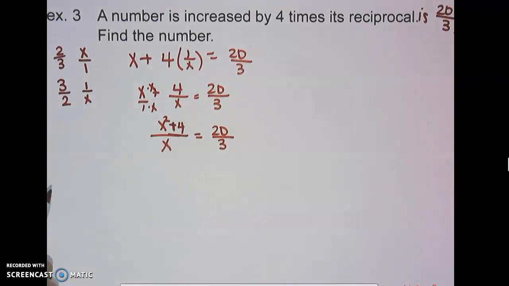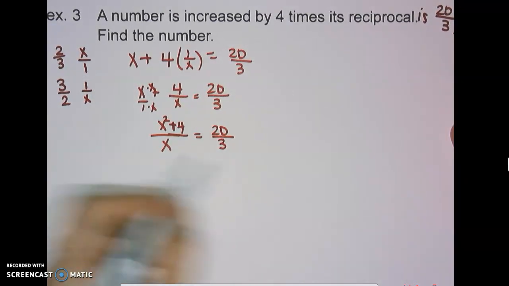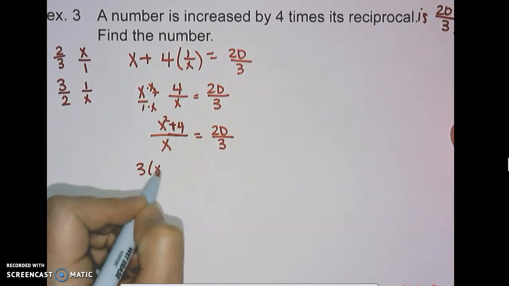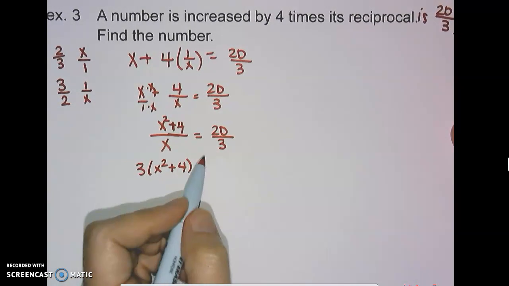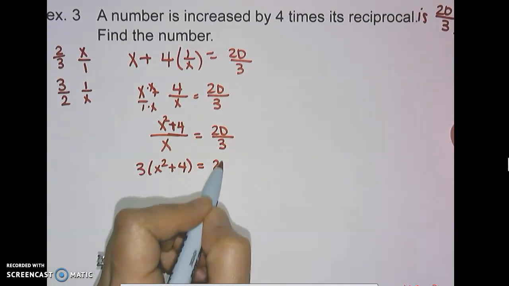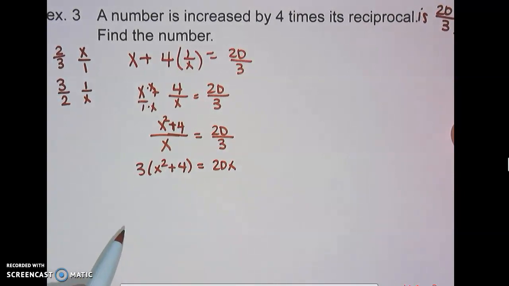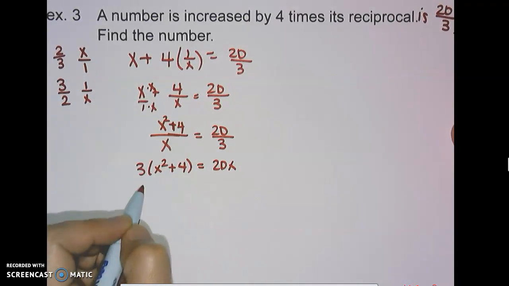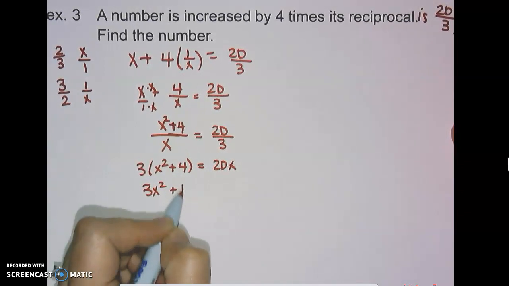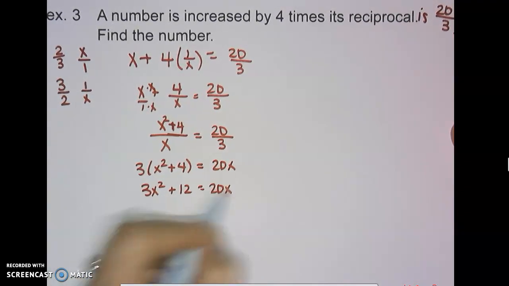Now, this is a proportion, so that means that we can cross multiply here. Okay, so we're going to take 3 times x squared plus 4, and that would equal 20 times x, or just 20x. Distributing in, we get 3x squared plus 12 equals 20x.